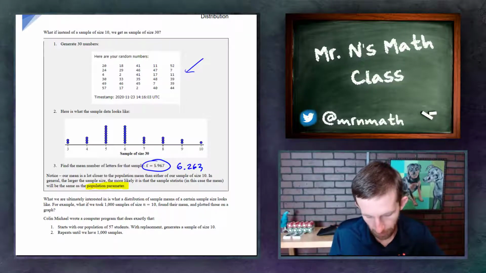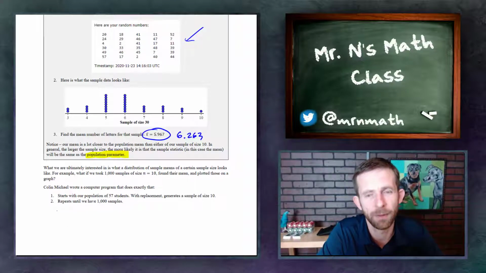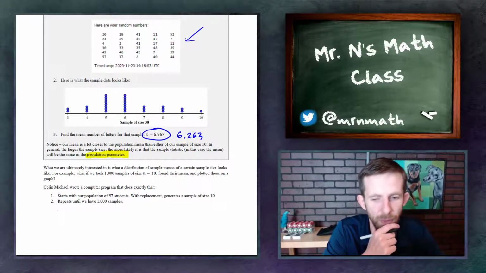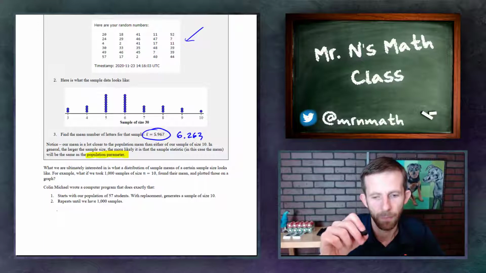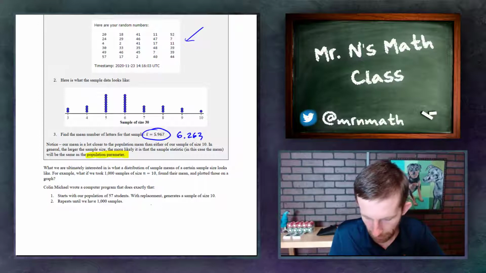Now, Colin Michael is a former student, an exceptional stats student, and math student in general. He wrote a program that allows us to generate large samples of different sizes.